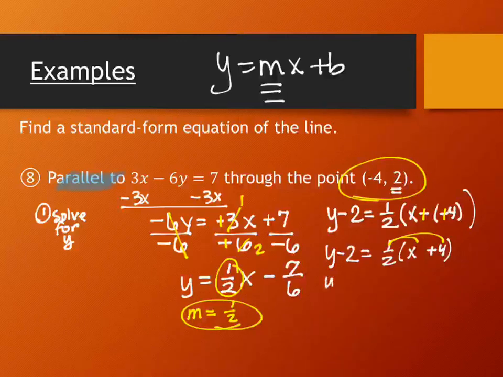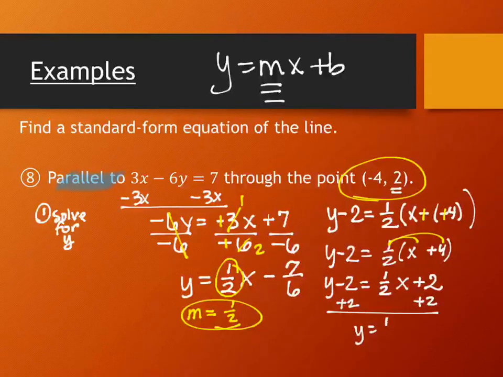So again, y minus 2 equals 1/2 x, and then I need 1/2 times 4. It would be 2. And then what's my last step? Add the 2. So y equals 1/2 x plus 4.